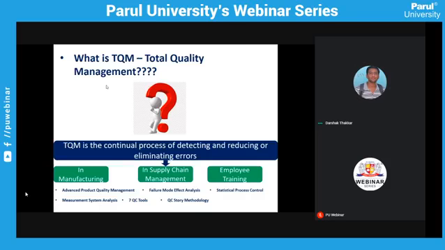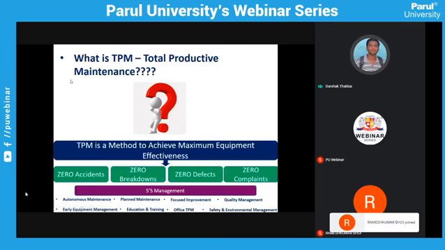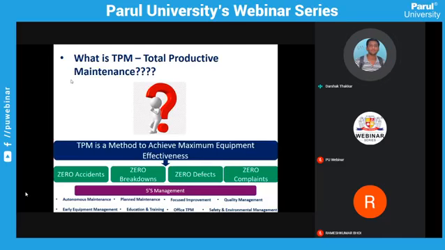Next is, what is TPM? TPM is total productive maintenance, which means a method to achieve maximum equipment effectiveness, right? We first took care of our productivity with the help of lean manufacturing. We took care of our product quality with the help of total quality management.